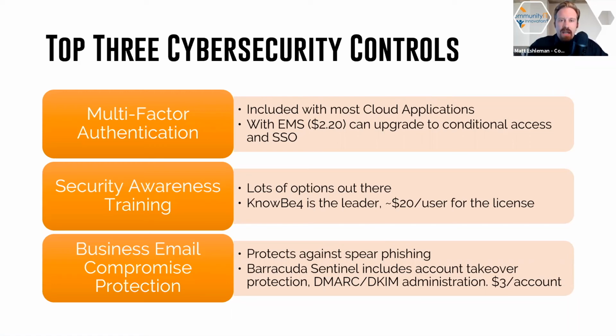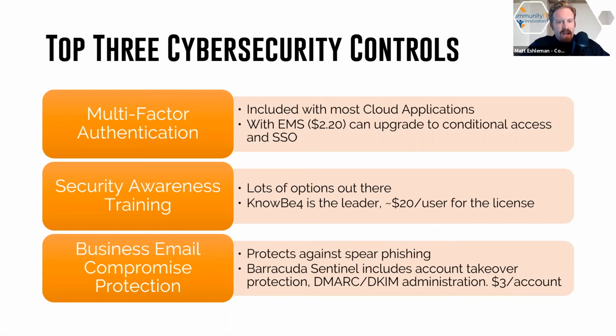So having a dedicated tool to work on business email compromise, we get a lot of mileage out of that. People can ignore the spam message in their inbox, but it's really hard for them to ignore the email that looks like it's coming from their executive director or their finance person, asking them to click on this link or to share something.